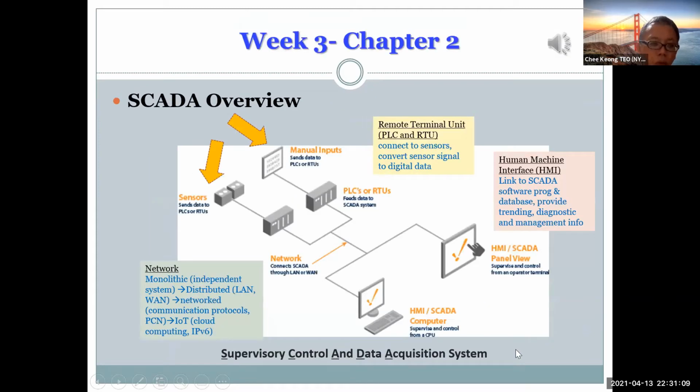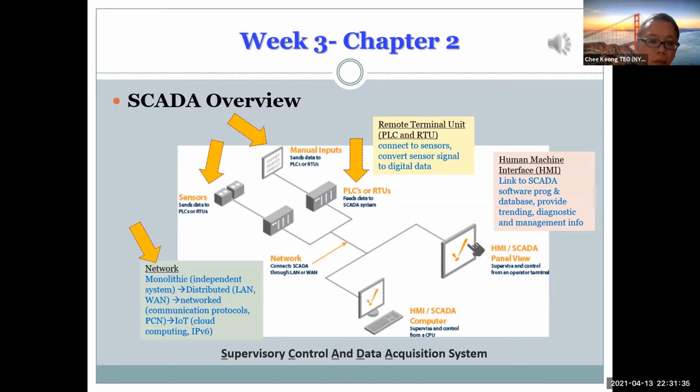SCADA, Supervisory Control and Data Acquisition System, is a system that uses multiple blocks hooked up together to realize a comprehensive remote control and accessibility of data from the field. It requires sensor or manual input data which send or log data into the system via PLC or RTU, remote terminal units.